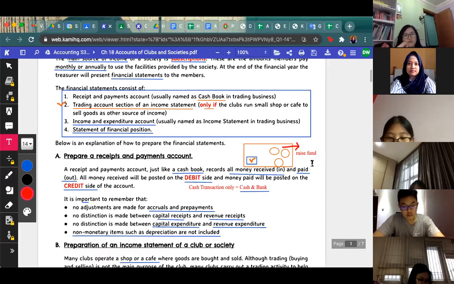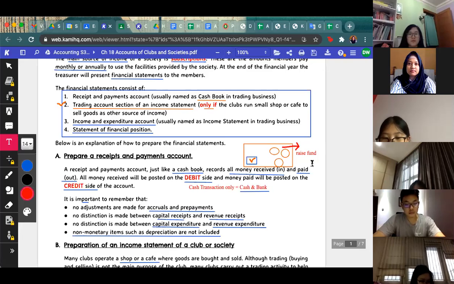For example, a prefect body. Prefect is a non-for-profit organization, yeah, and prefect needs money. How would they raise money? They will create an activity where students have to pay.